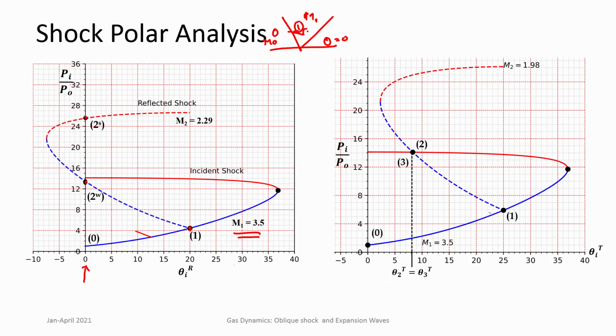A similar solution can be done for even the Mach reflection. In Mach reflection you find that the second shock polar that is drawn does not intersect with the theta equal to 0 curve, but rather at a certain location here on the M equal to 0 curve, and that gives the condition theta 2 equal to theta 3.